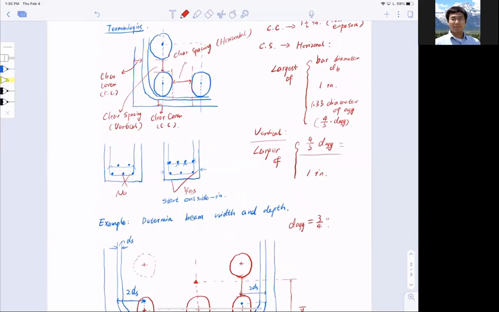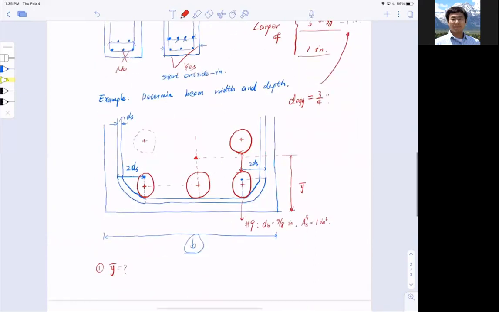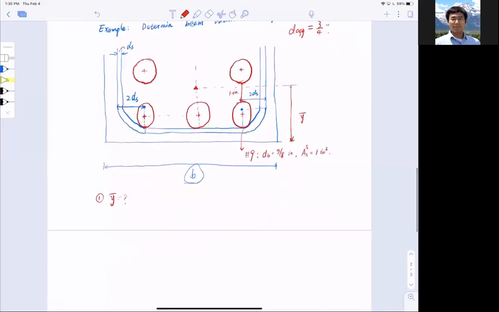In this case, that is 1 inch, so I'm picking 1 inch as the clear spacing between the vertical bars. To calculate this, it becomes easy: Y bar equals sigma AiYi divided by sigma Ai.